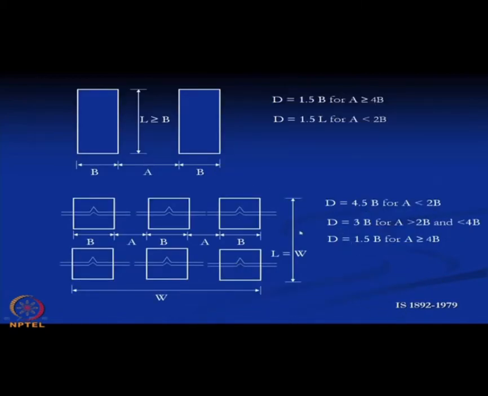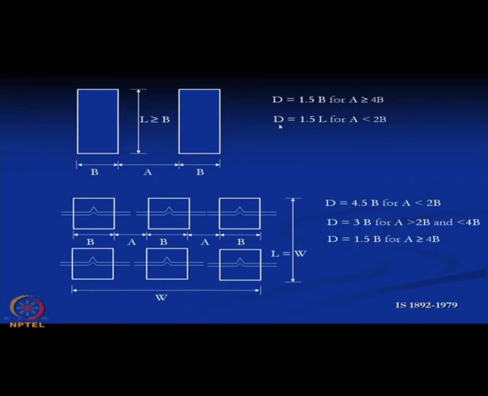Then we have some other conditions also, that is, the IS code also recommends some other conditions for the depth of the boring. So, if these are two building structures, where the width of one is B and another one is B and there is a gap A. Now, if L is greater than or equal to B, then the depth of the boring will be 1.5 times B for A greater than or equal to 4B.